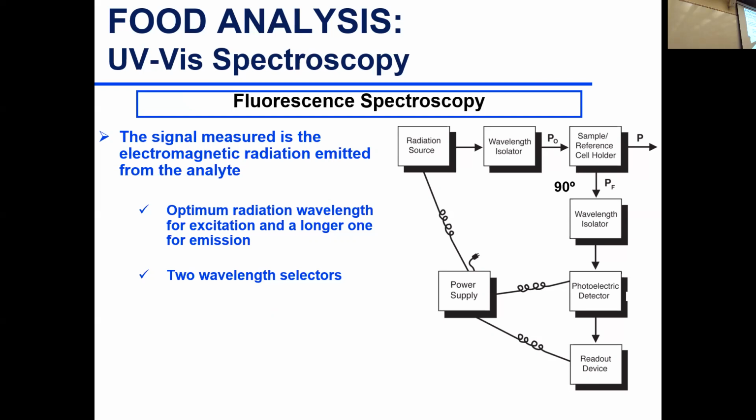Then your sample is going to absorb light. Transmitted light is going to go on and continue horizontally. But the fluorescence light is directed 90 degrees into another monochromator. Because the sample may fluoresce at different wavelengths, you select the wavelength at which you get the maximum fluorescence. Then you isolate that wavelength and you read the fluorescence.